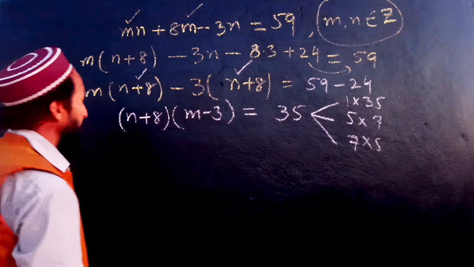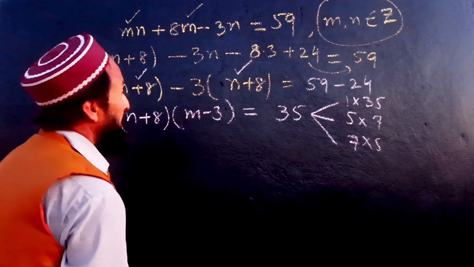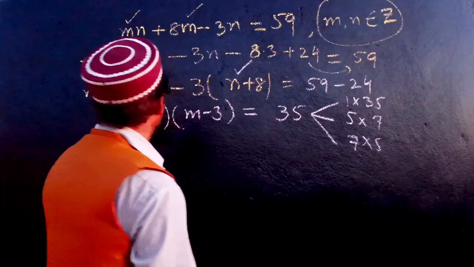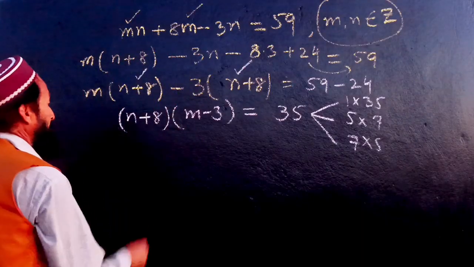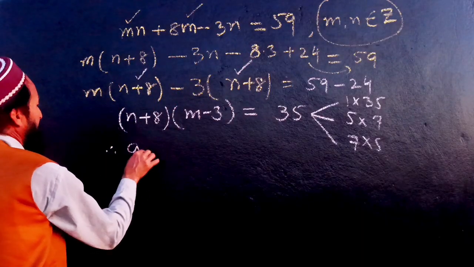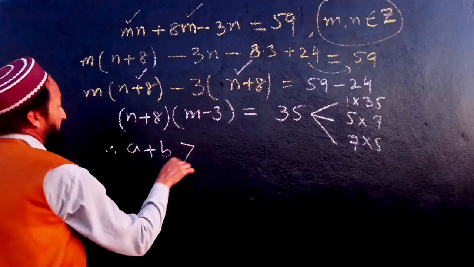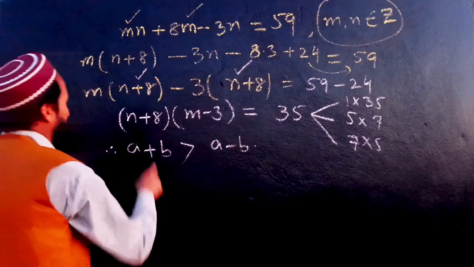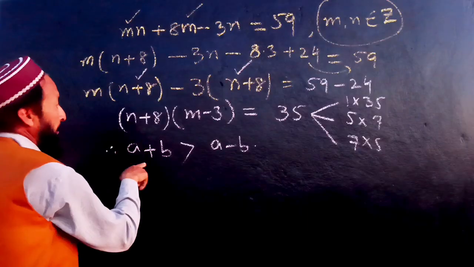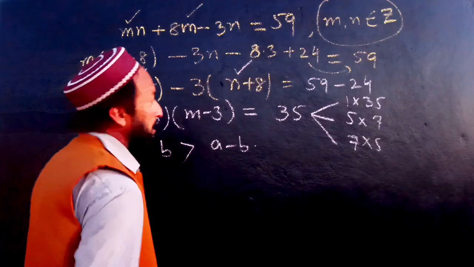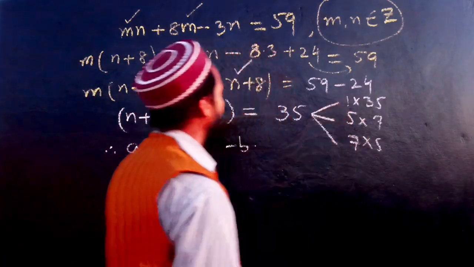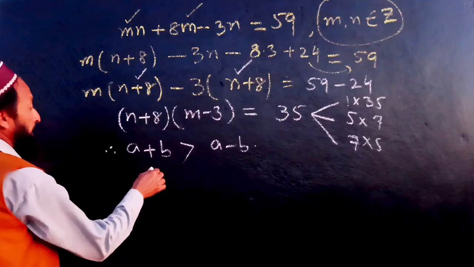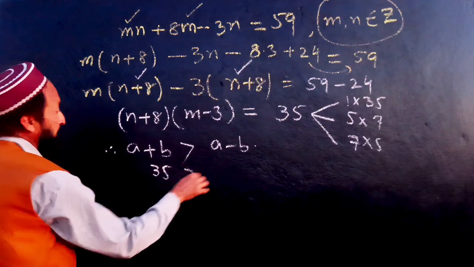There are three cases, but the condition is that here a + b must be greater than a - b. This is considered a + b and this is considered a - b. It means that we get here 35 is greater than 1.